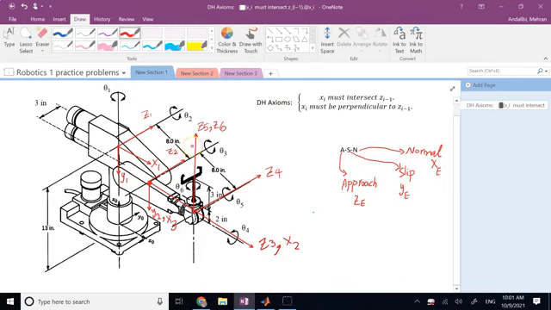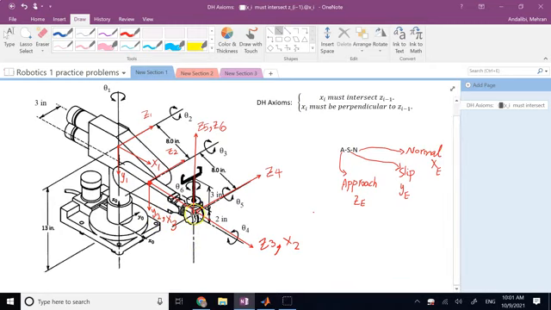Now I need to go to z4. z4 and z3 also intersect, but at this wrist center. So that's going to be origin of 4, and x4 is perpendicular to both z4 and z3. Therefore, it can be something similar to y2 and x3, but in the separate location. So let's do that.